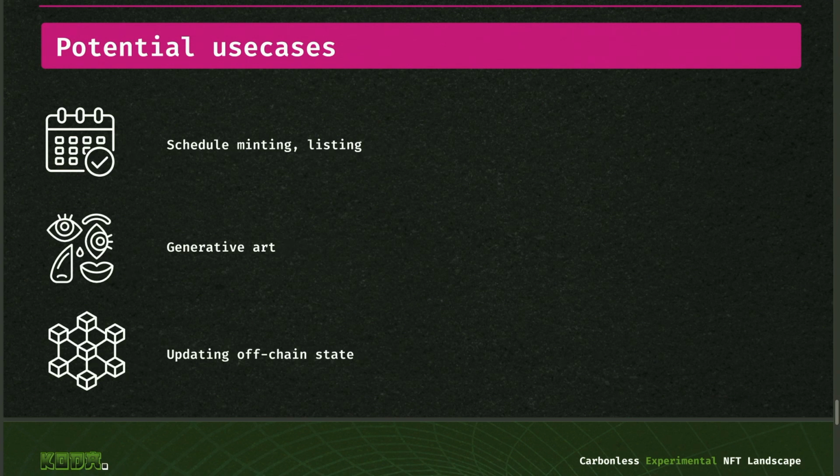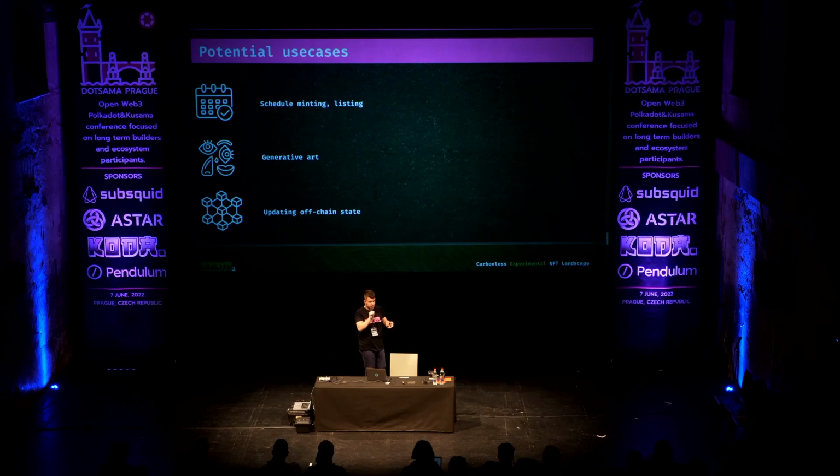So you just pay for the transaction. And also updating the off-chain state. Instead of making another transaction to update the IPFS again, we can leverage off-chain workers to do that for you.